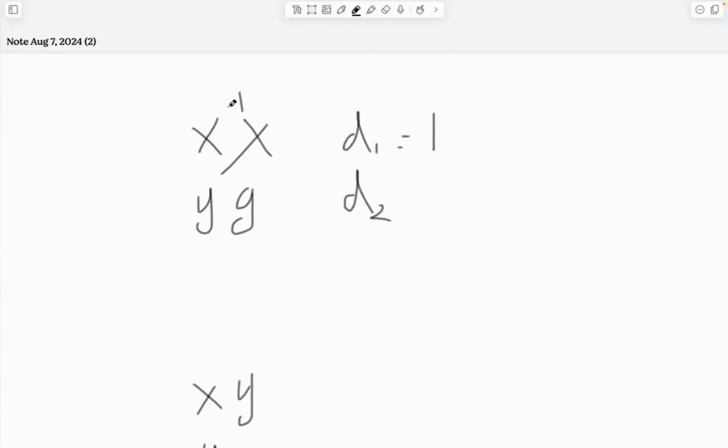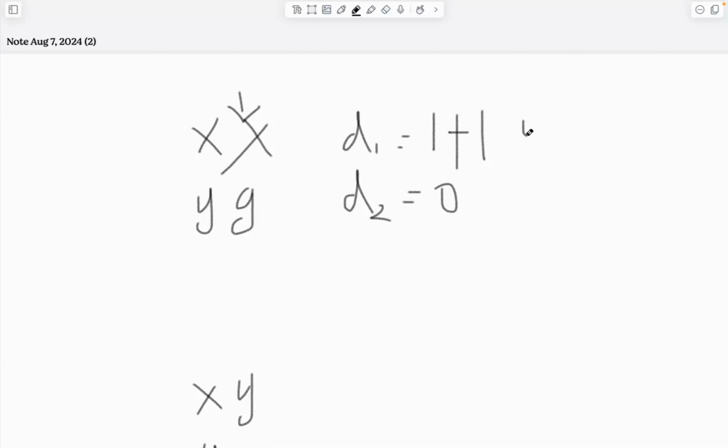Now we point to the second position, and d1 needs to add one more. When we see xy again, you just increase it by 1. But d2 finally is 0.